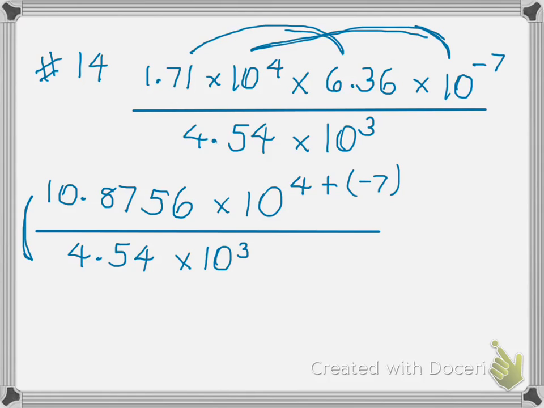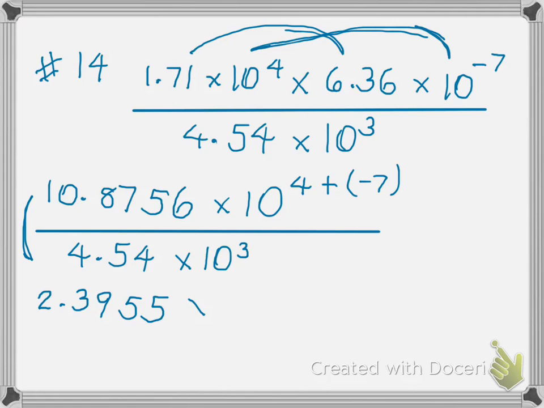And I get 2.3955. They want us to do it to 4 decimal places, so I'm just going to write up to the 4th decimal place. After that 5, there's a 0, so this 5 here remains unchanged.